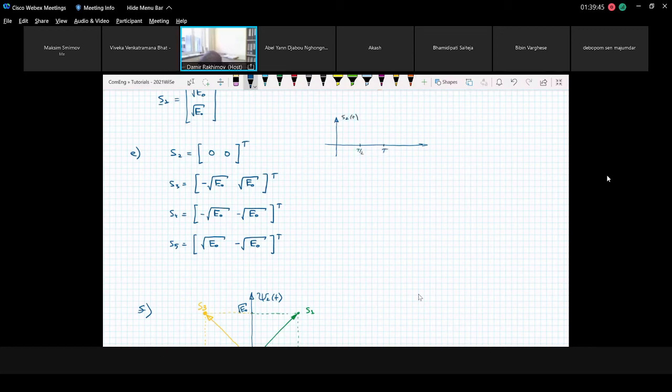S2 of t, which was red color, is 0, it's nothing.